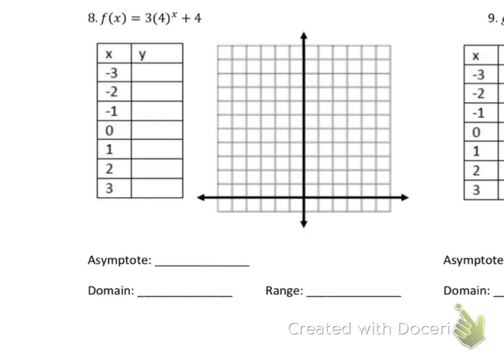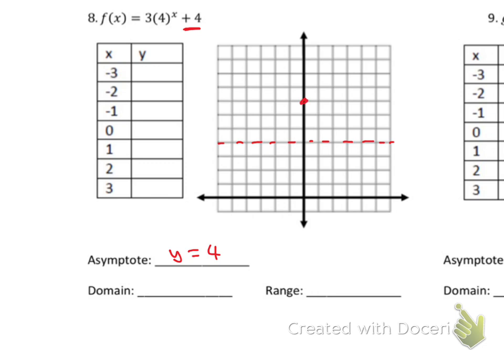All right, so big clue from the start, our horizontal asymptote is at y equals 4. So I'm going to draw that in. 1, 2, 3, 4. Okay. Our anchor point would have been at 0, 3, but it's up 4 from there.